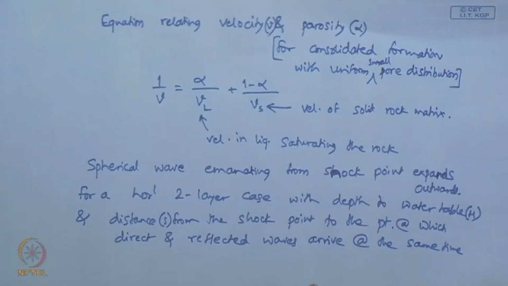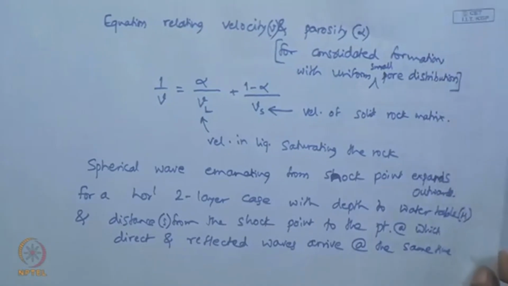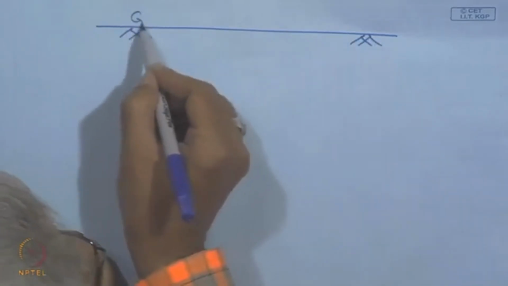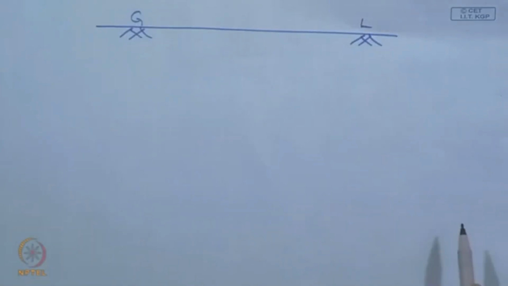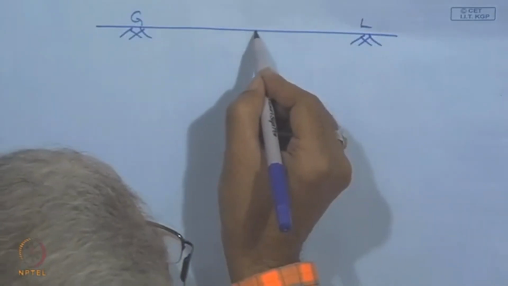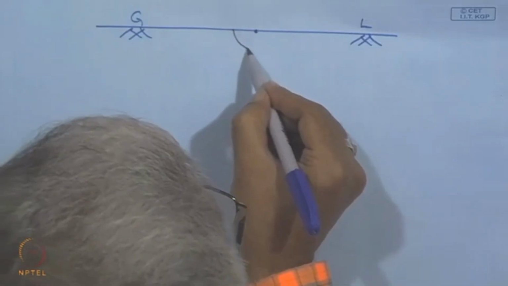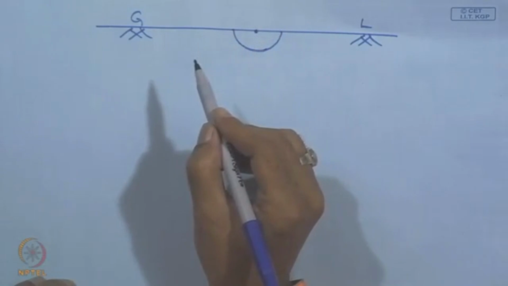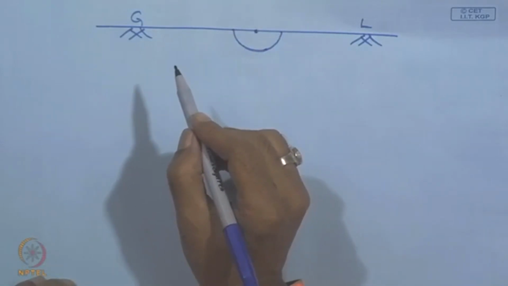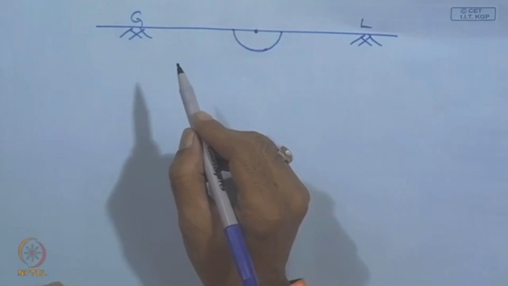In this case, first let us draw the figure. This is the ground surface, and here you have the shock point, and the waves expand outwards from the shock point.